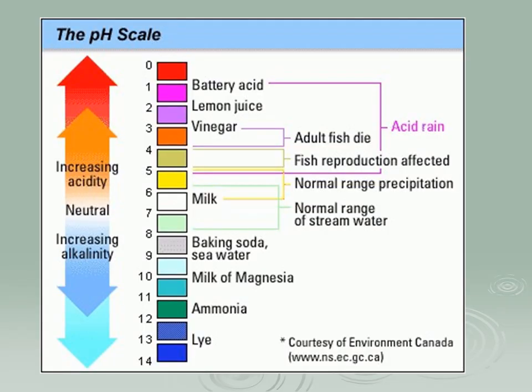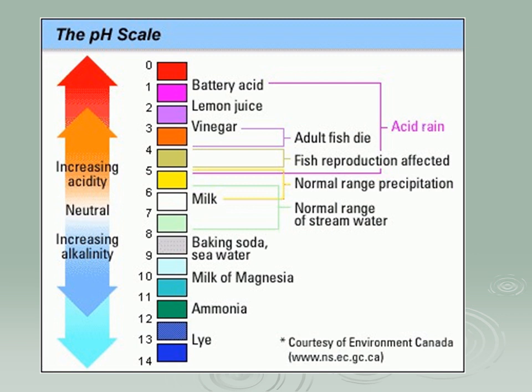So here we have another illustration of the pH scale, again going from 0 to 14. You can see on the bottom end of the pH scale, we have this area that they consider acid rain. Depending on what the pH is, you can see how it starts to affect the environment and different living organisms. At about a pH of 4, fish reproduction can be affected, right?